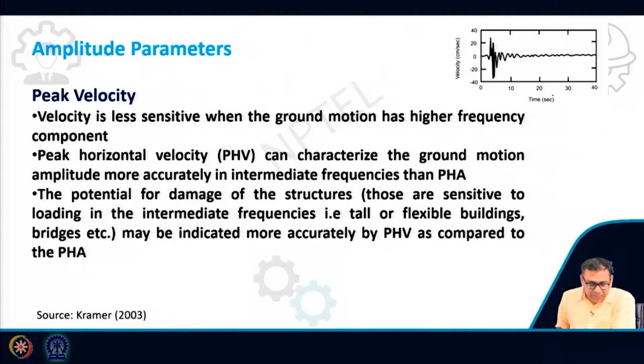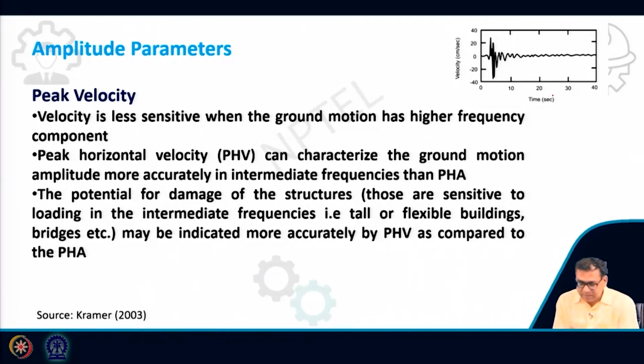Clear? Then the potential damage of structures that are sensitive to loading in the intermediate frequency, that is tall or flexible buildings or bridges, may be indicated more accurately by PHV as compared to PHA.